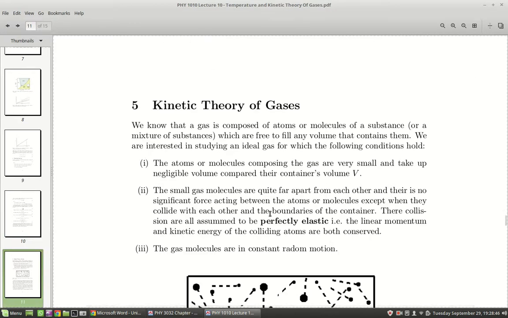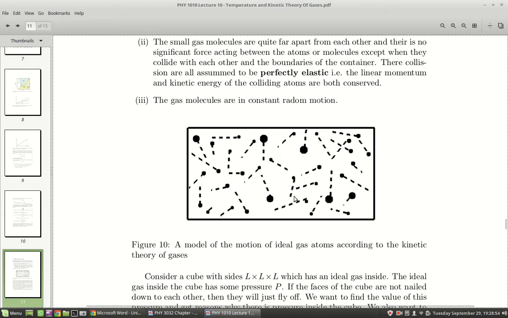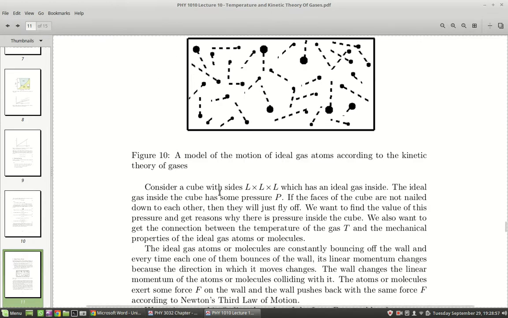Okay. This theory helps us to explain exactly what temperature is. Now, in order to do this, we consider a cube which has a length of L times L times L, basically a cube of equal sizes, equal lengths.